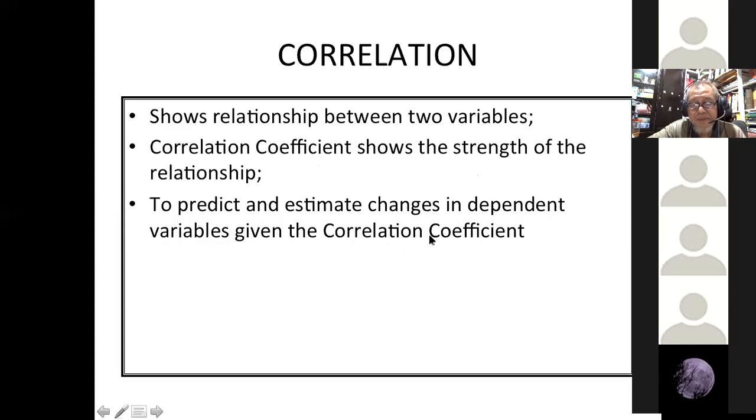Once we know the R, we can use the independent variable to predict the dependent variable. The stronger the correlation coefficient, the more accurate the estimation will be. So the estimate will be accurate when the correlation coefficient is high or strong. Okay.